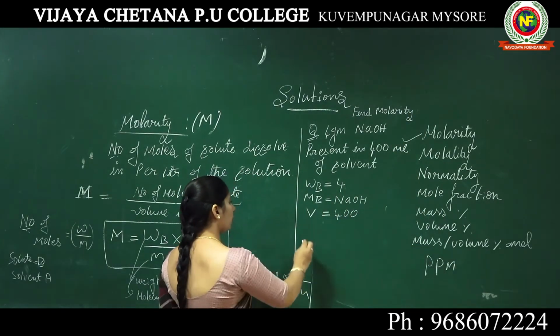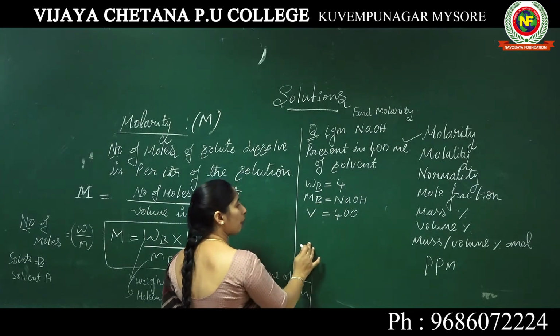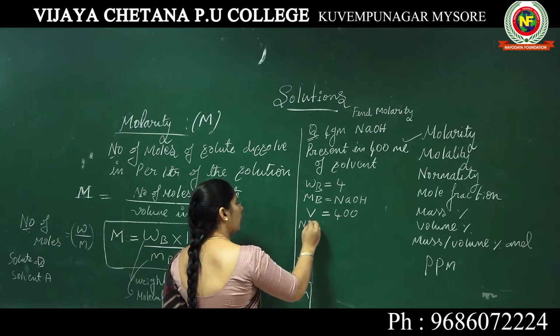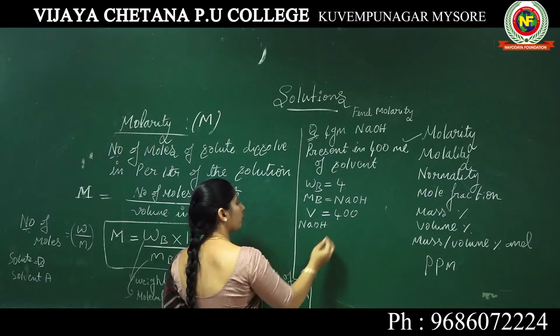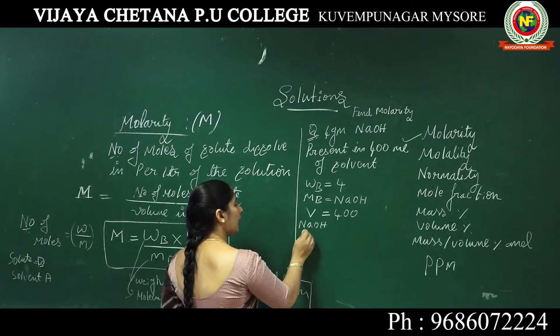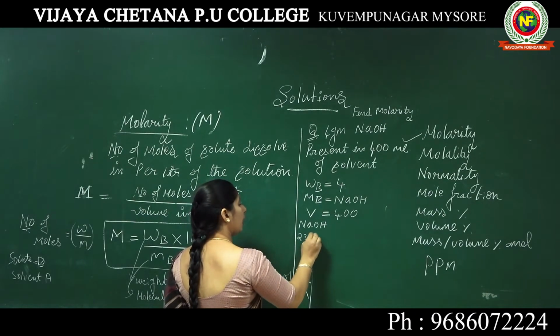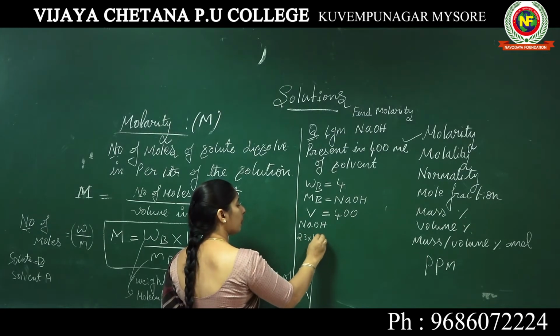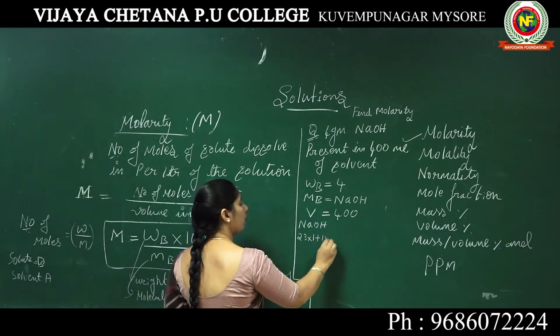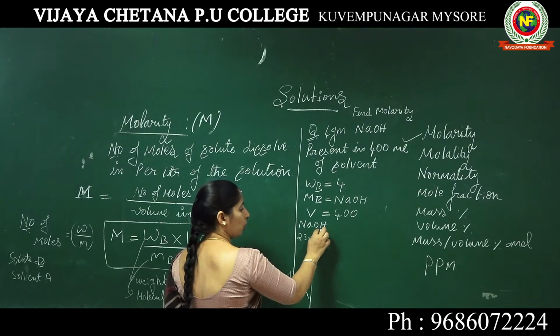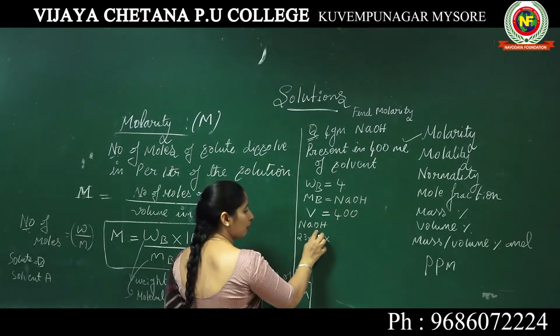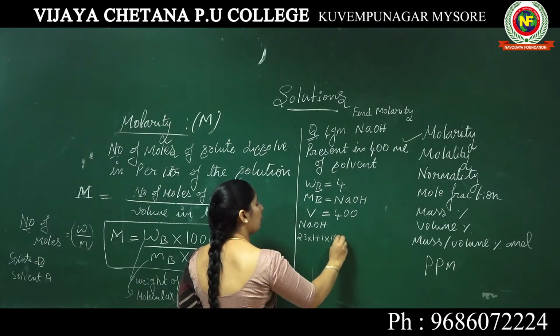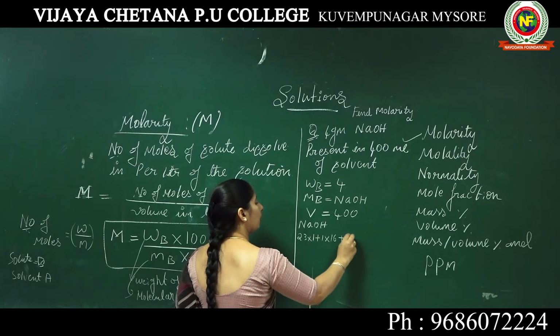Before that, we have to find the molecular mass of NaOH. We know that Na is 23, one atom. Plus oxygen, 1 into its mass number, which is 16, plus hydrogen, 1 into 1.